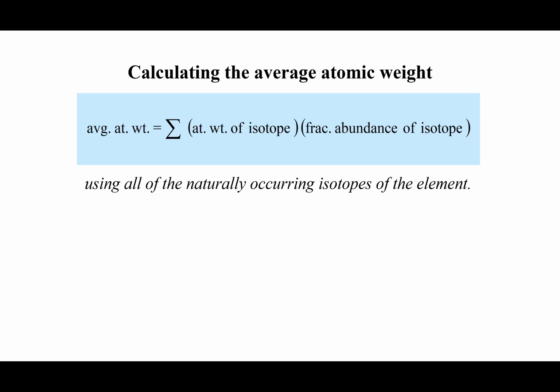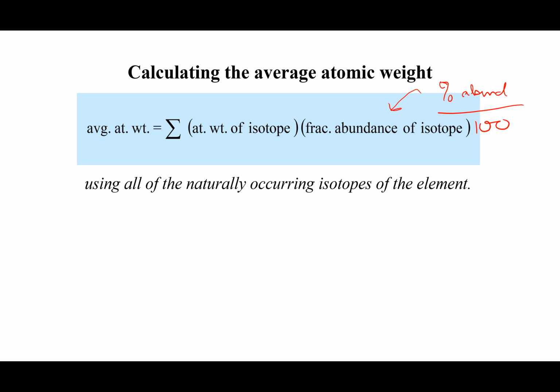In math, that means to sum. So basically, for every isotope, we take how much that isotope weighs and multiply it by what we call its fractional abundance. And I have a slide coming up. The fractional abundance is just the percent abundance divided by 100. So if you have percent abundance, you've got fractional abundance.